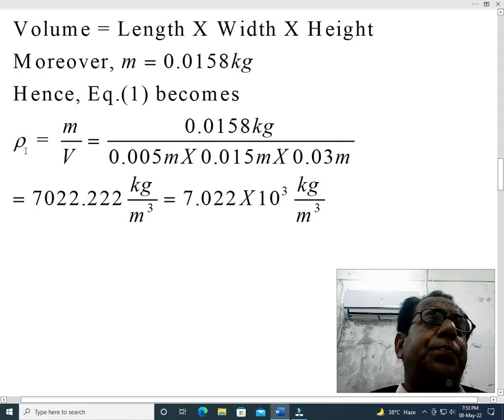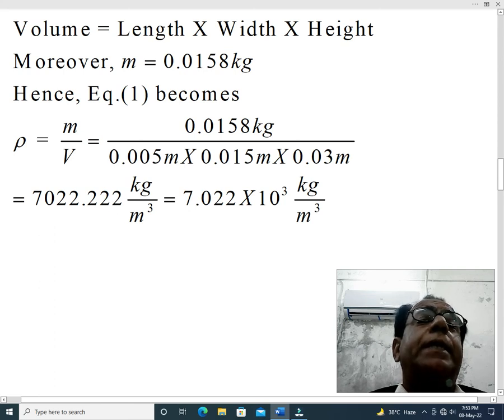Hence density rho has become equal to 7022.222 kilogram per meter cube. To this extent our result is quite okay, but as a fashion or pattern, we convert it into 10 raised to the power 3. That is to say, we can justify our step by saying that we multiply and divide it with 1000.